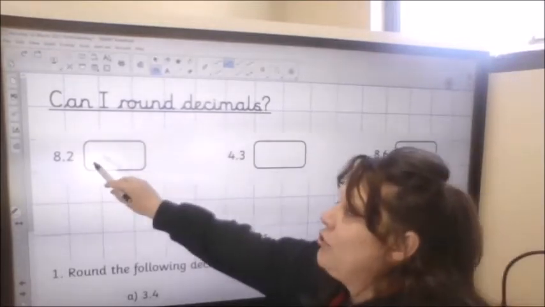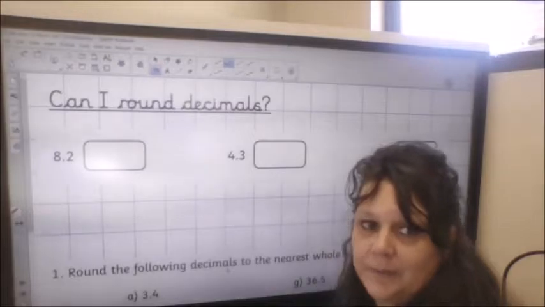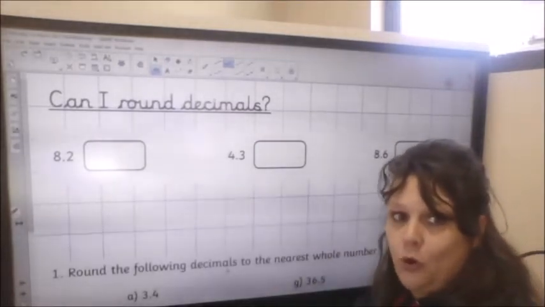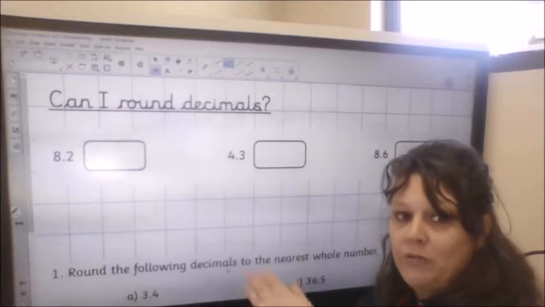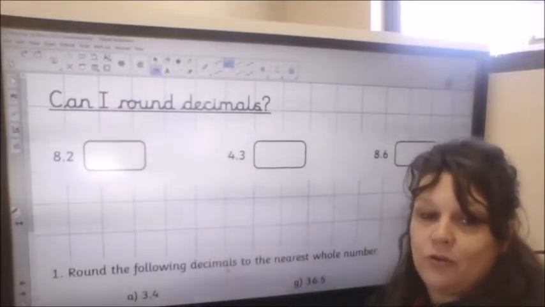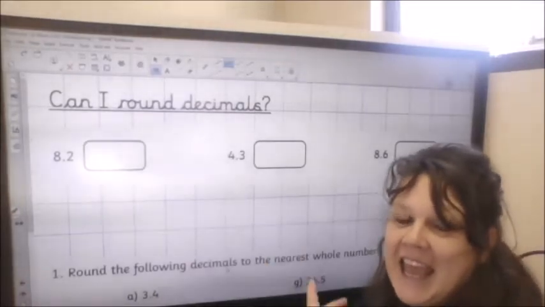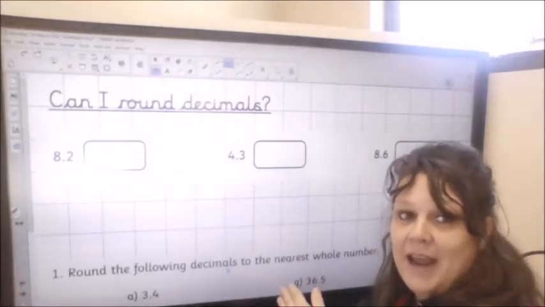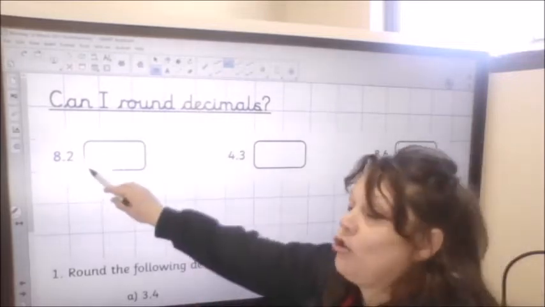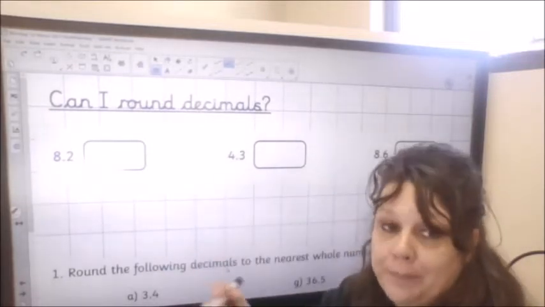That's the number straight after the decimal point. Now, if it's 5 or more, we round up. So if I've got a 5 or a 6 or a 7 or an 8 or a 9 in the tenths column, then I round the whole number up. The number in the ones column would round up.